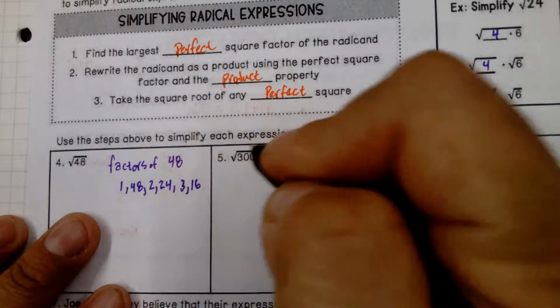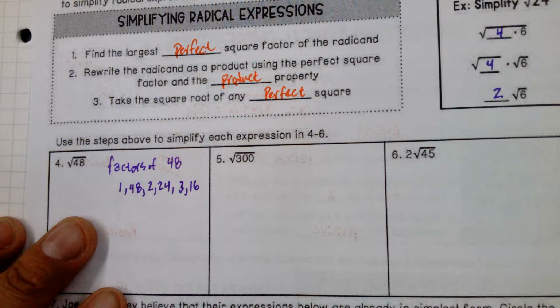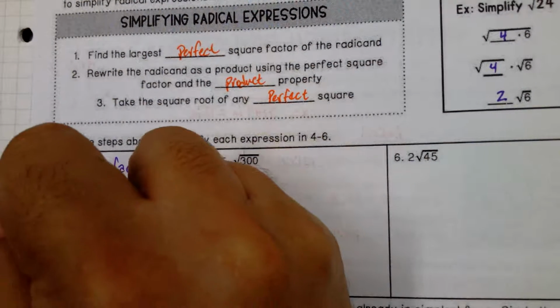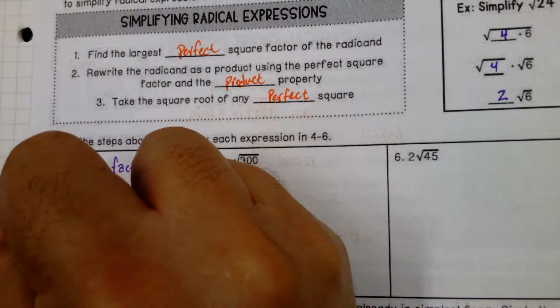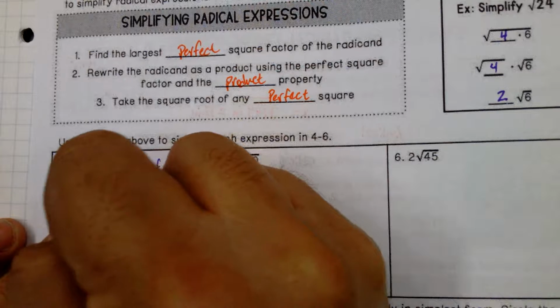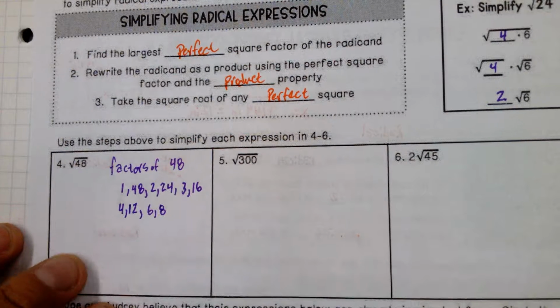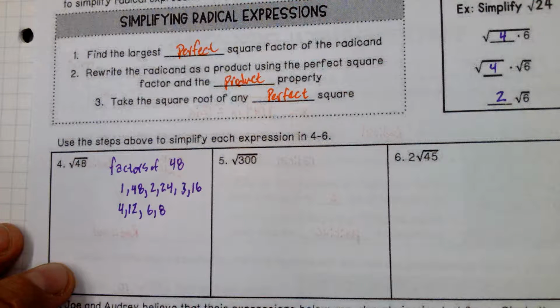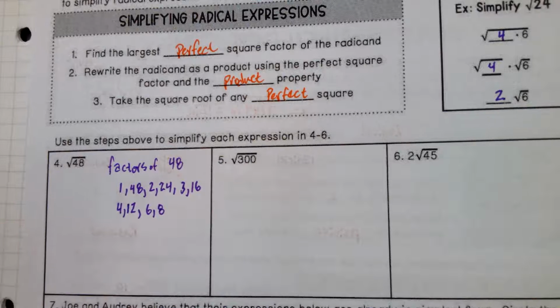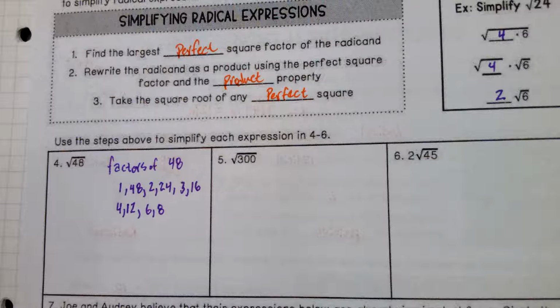That's why it pays to go in order. Anything else? 4 and 12. Anything else? I think that's it.